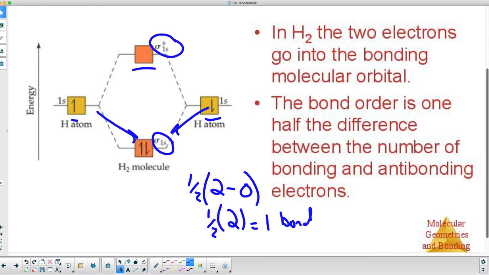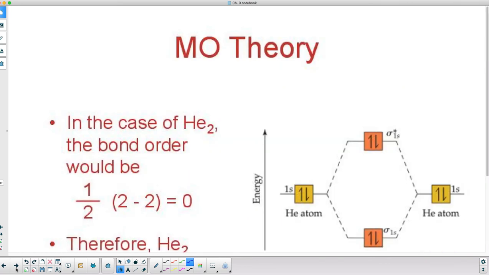So this right here is bonding. This one right here is anti-bonding. Sometimes we have anti-bonding electrons, and I'll show you how to handle that.